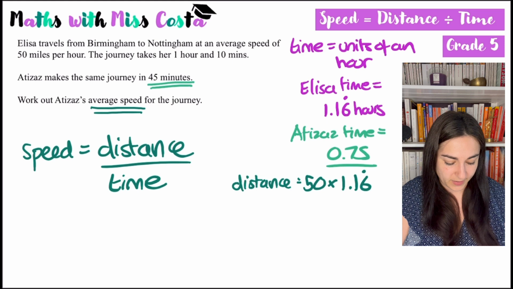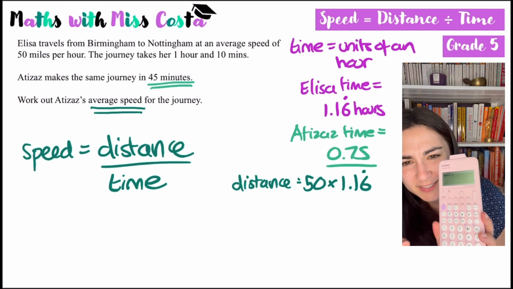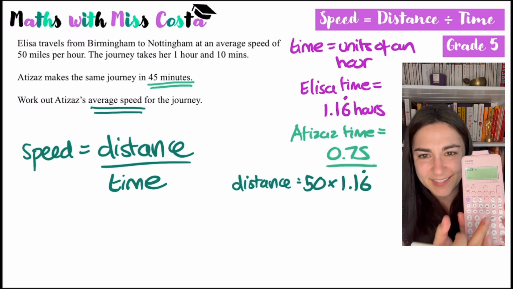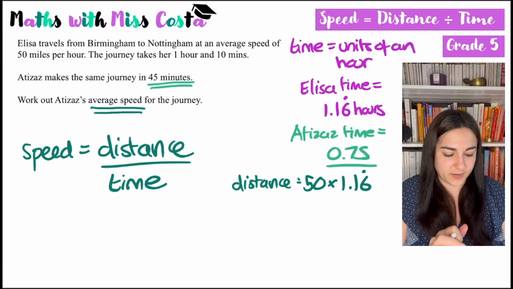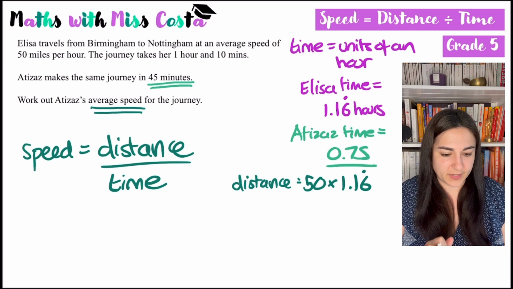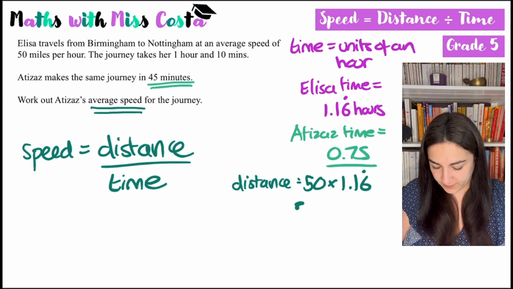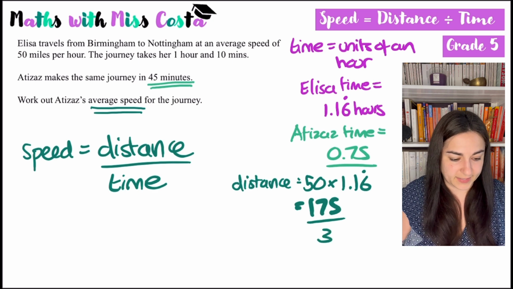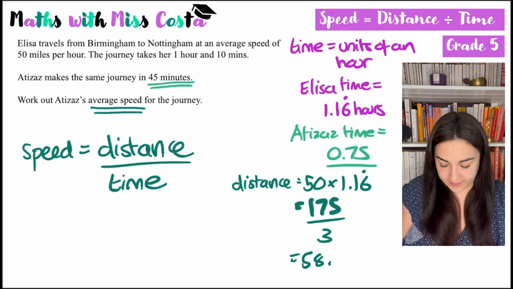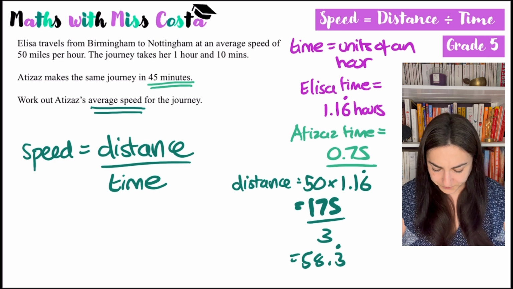50 times 1.1 and then 6 recurring. If you didn't know how to press the recurring button, it's that one that has a little dot at the top. So shift recurring gives me 175 over 3. So the total distance is 175 over 3, which is 58.3 recurring.